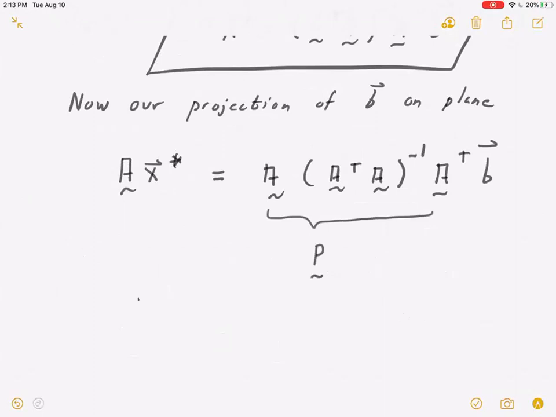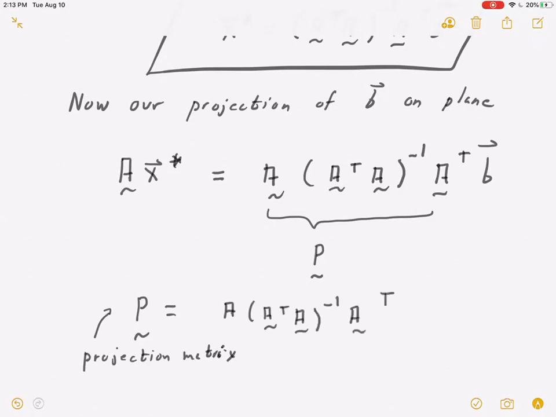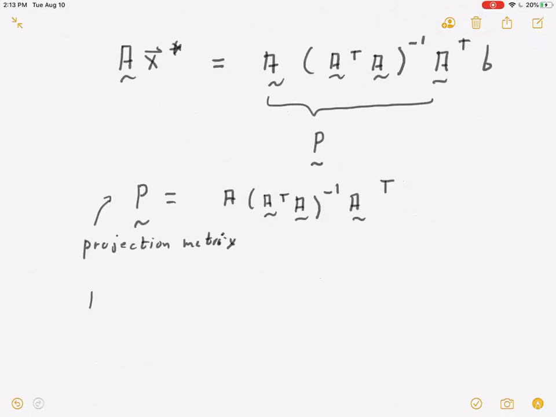We're doing this in analogy with what we did before with the case of projecting a point on a line. We will define P as our projection matrix. And in this case, it's A times the inverse of this matrix product times A transpose. And we have our final result.